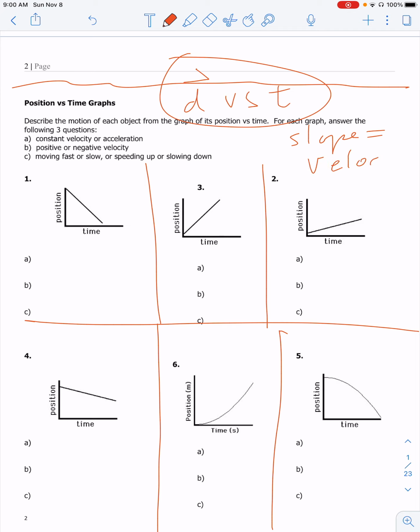The velocity. That is the most important thing when I ask questions about these graphs. So the rise over run is equal to velocity.